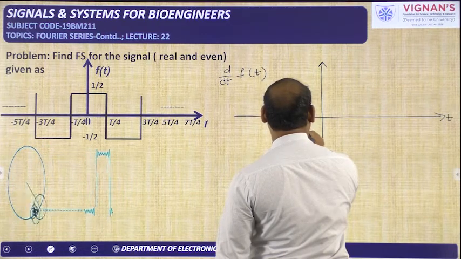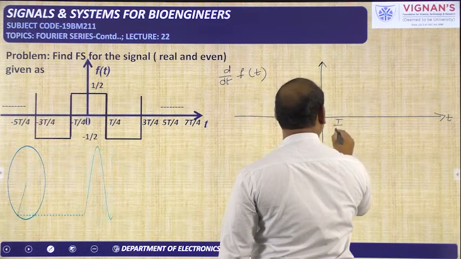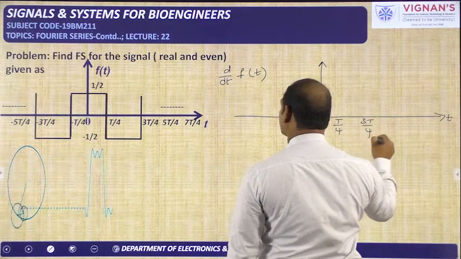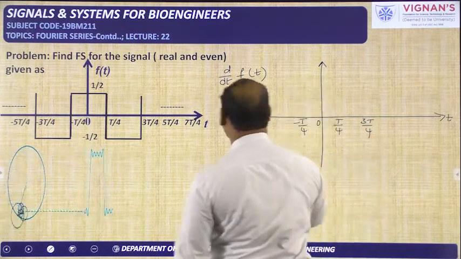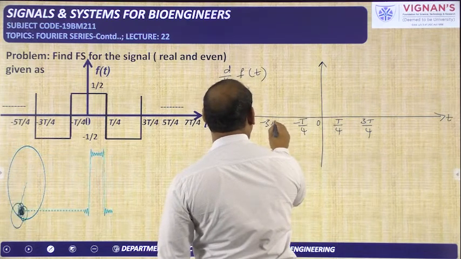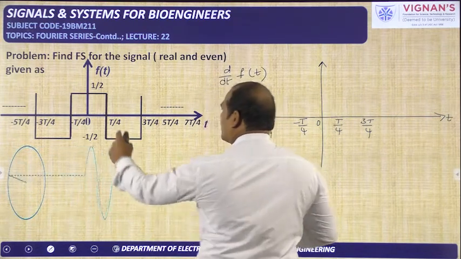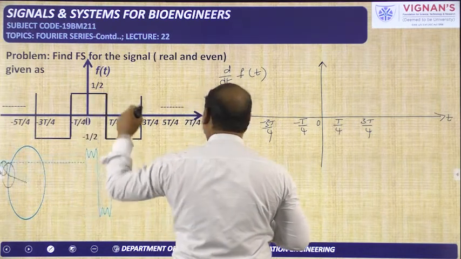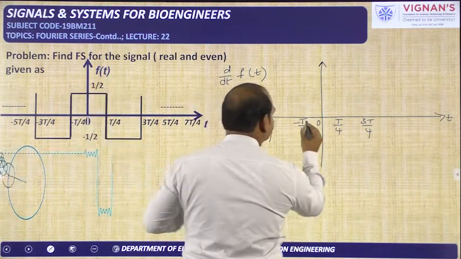Minus T by 4, 0, T by 4, 3T by 4, like that we have taken, and this side minus 3T by 4. From minus T by 4 to plus T by 4, the amplitude is 1 by 2. So 1 by 2 is constant, its differentiation is 0.